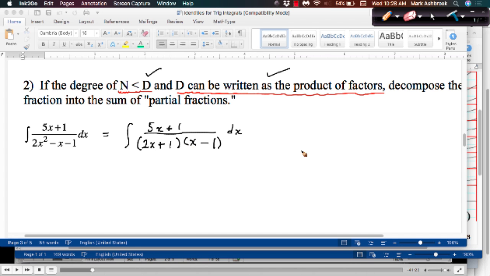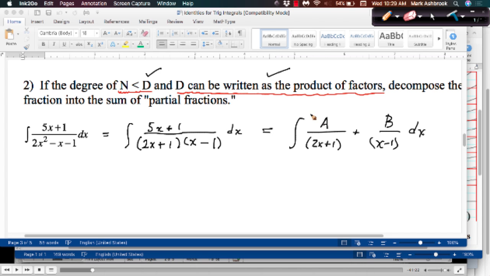So now we want to see this as the result of adding fractions together. In fact, we want to see this as the result of adding fractions with denominators 2x plus 1 and x minus 1. Because when you add two fractions like that, what do you need in order to add them together?